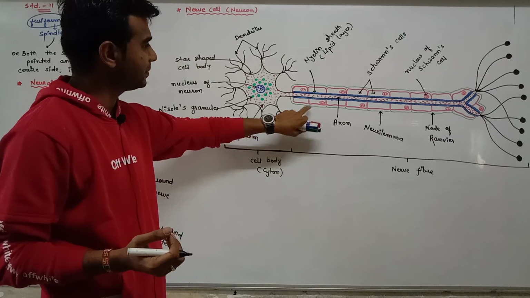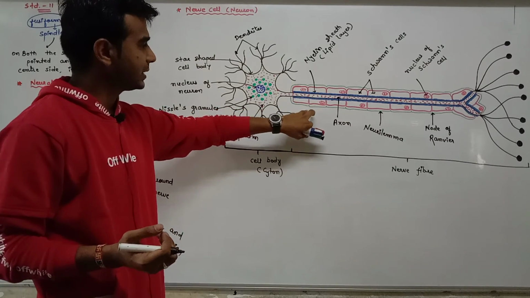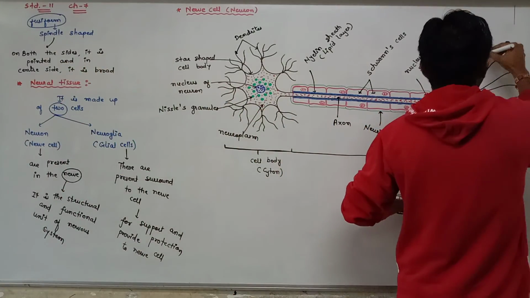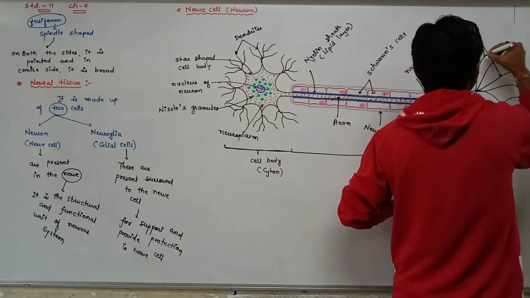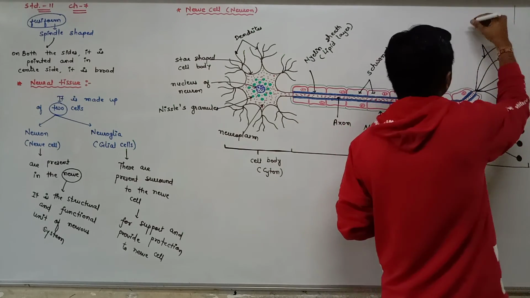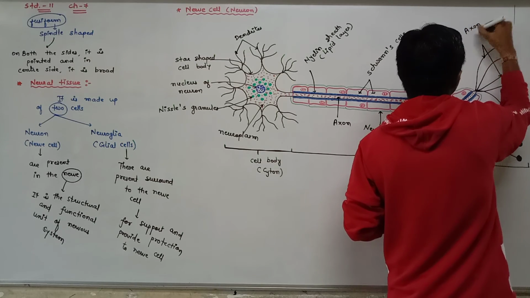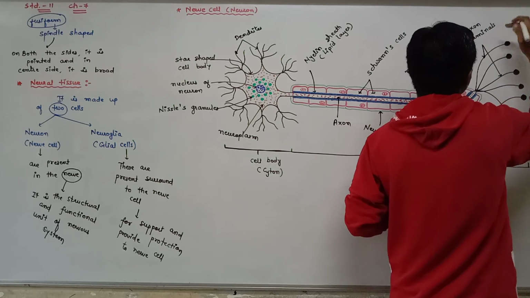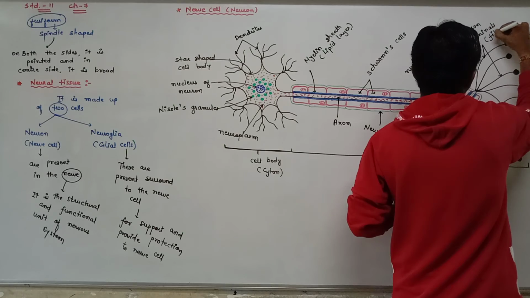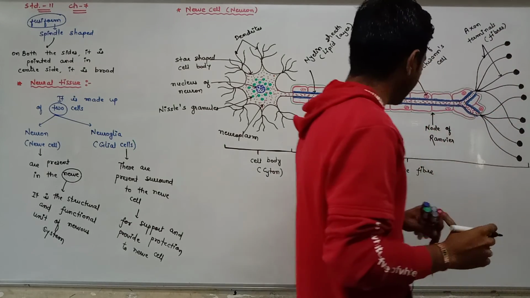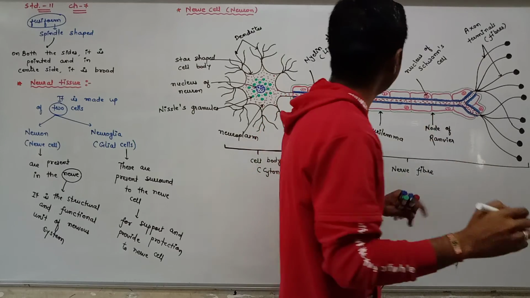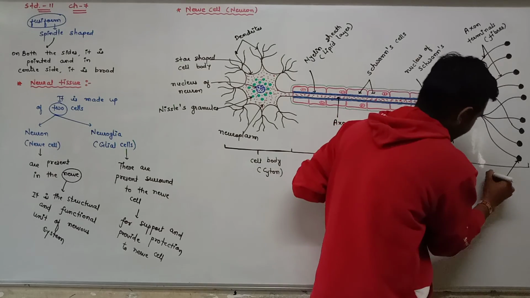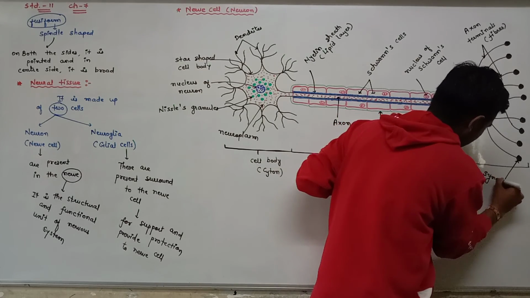The notch which is present between two successive Schwann cells is known as node of Ranvier. Now here these fibers of the axon are known as axon terminals, or you say axon fibers. And at the end of these axon fibers, the dotted structures are known as synaptic knobs.